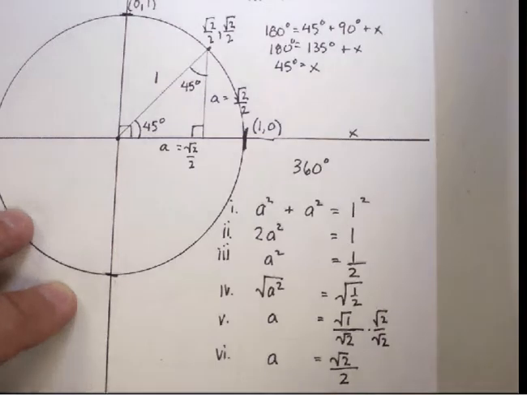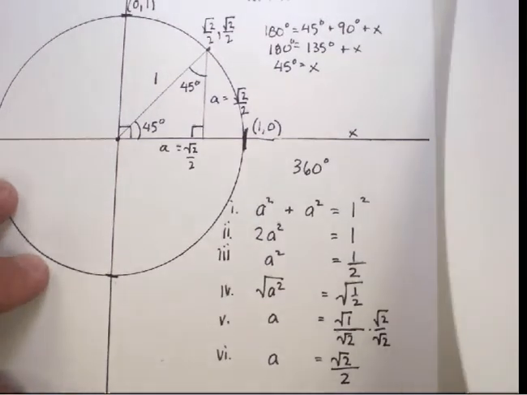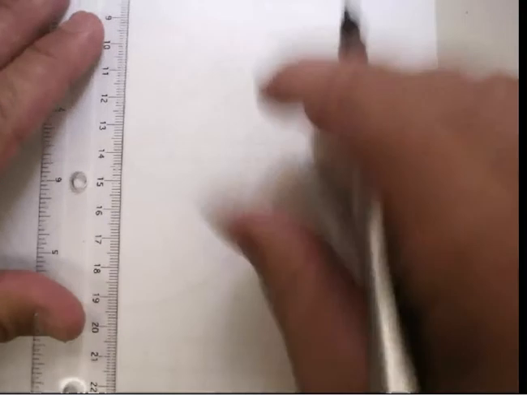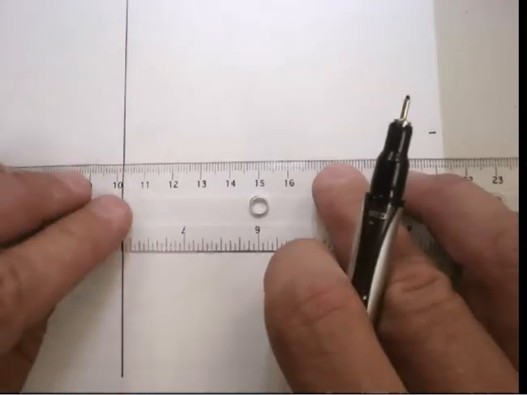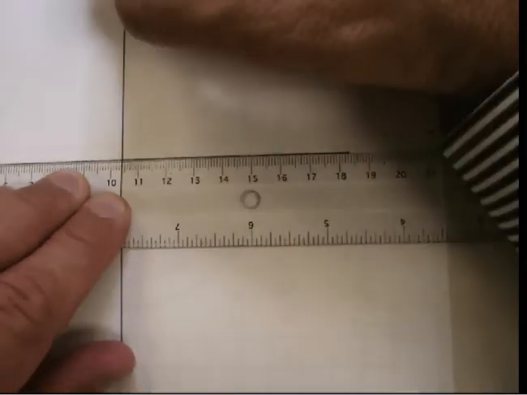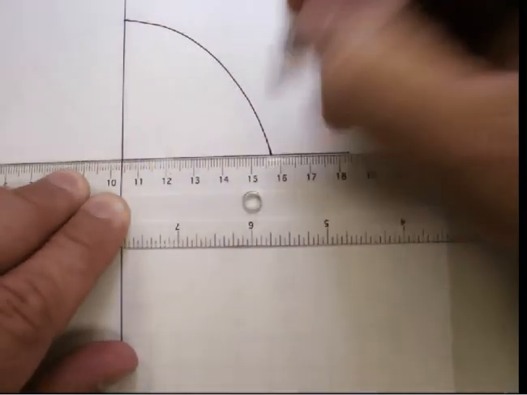Okay? Now let's do the same thing with the 30, 60, 90 triangle. Let's get our circle in here again. Actually, you know what? We're not even going to do the whole circle. Let's just do the quadrant part. Okay.